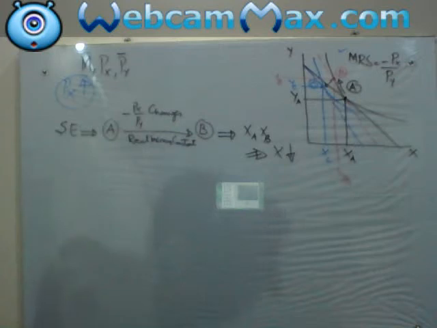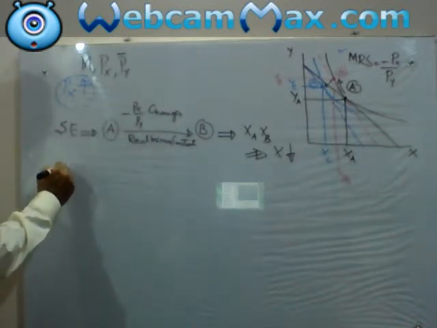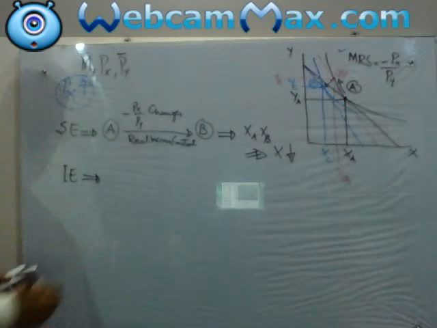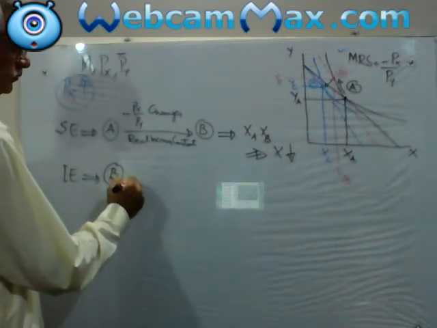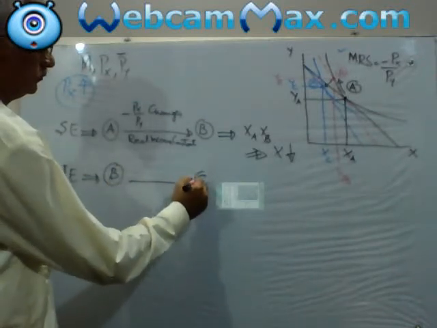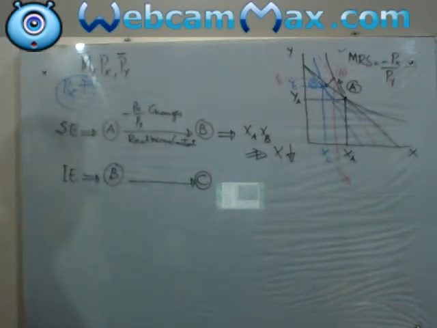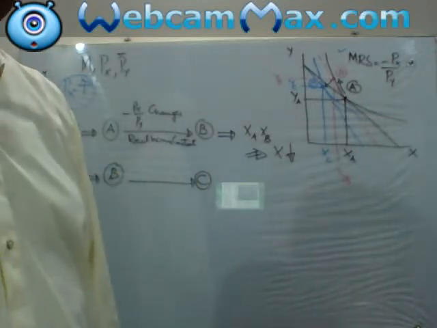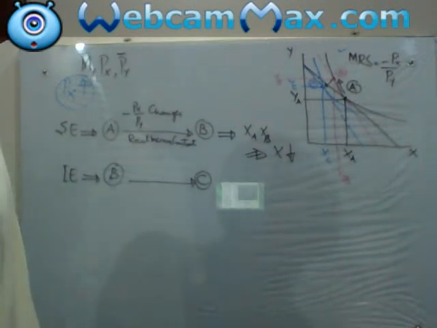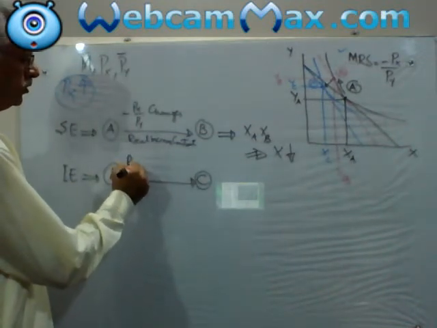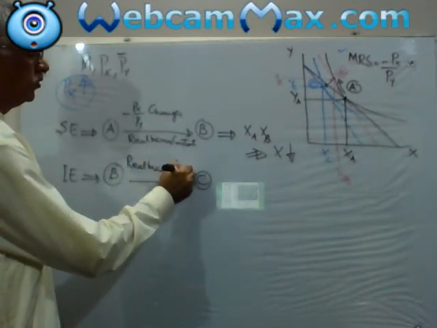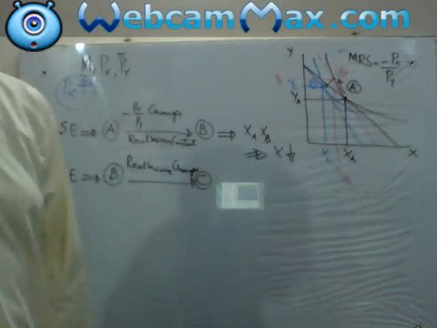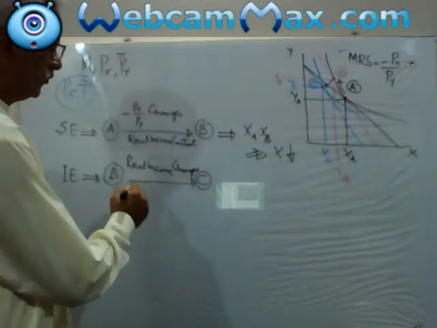Secondly, the income effect, which is the movement from B to C. This movement across the indifference curve is because we are allowing real income to change, while the price ratio is constant.